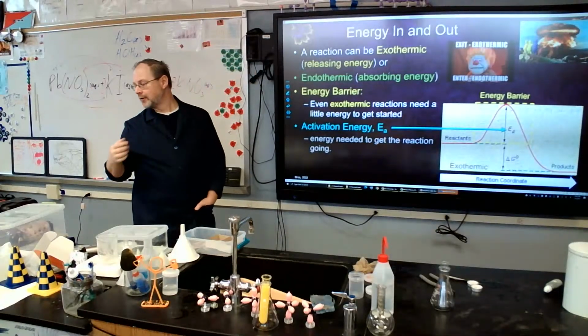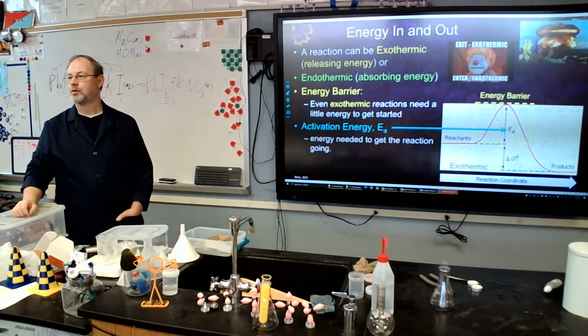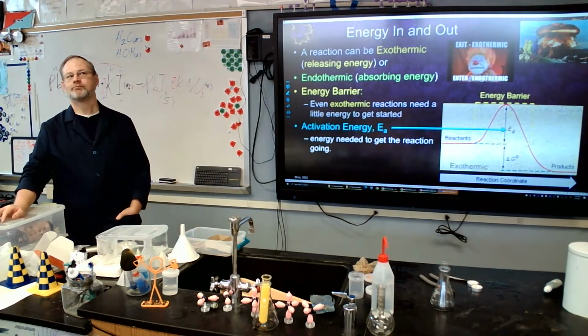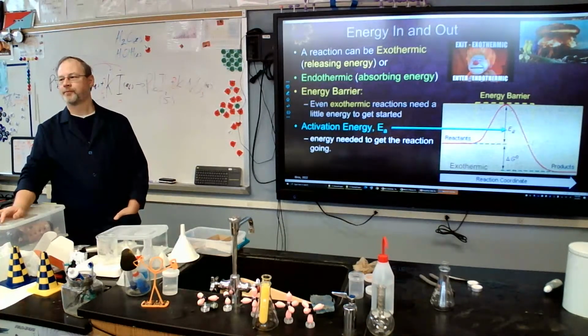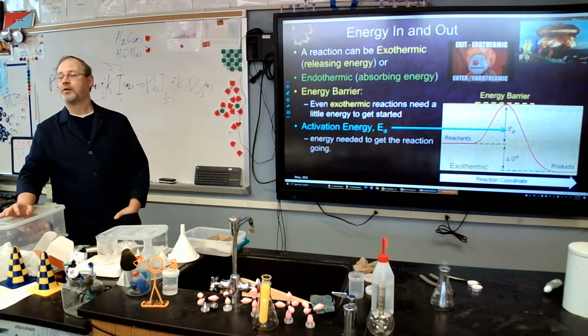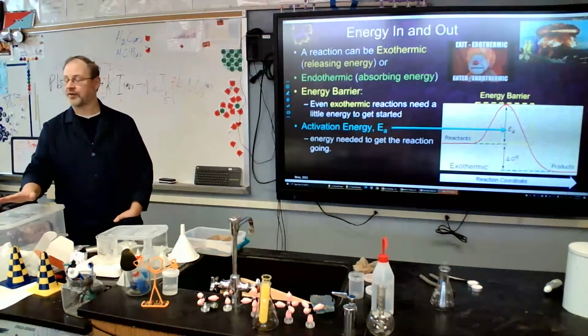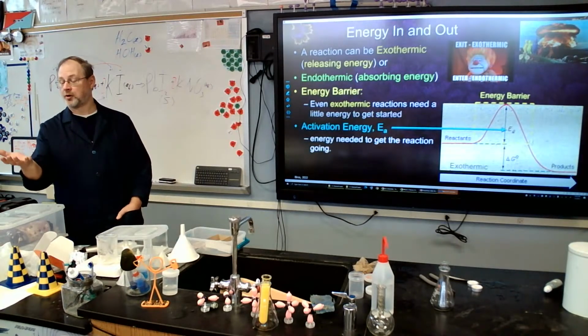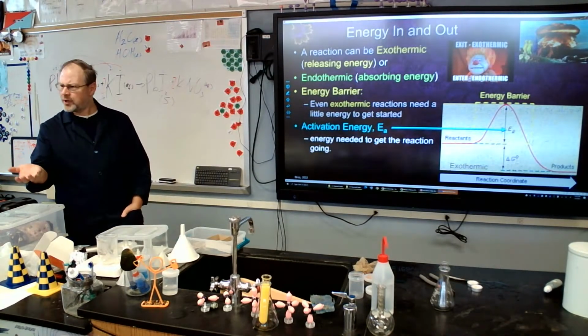How do you know if it's exothermic or endothermic just by looking at it? At this level of chemistry, in first year chemistry, I will tell you something is exothermic or endothermic, or you can do the lab and observe that it got really warm.